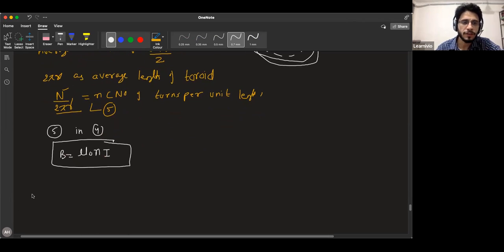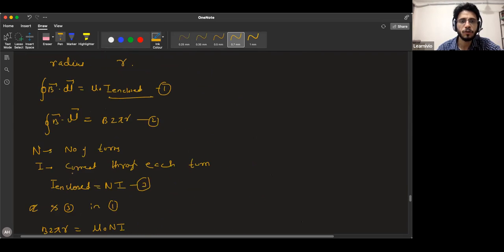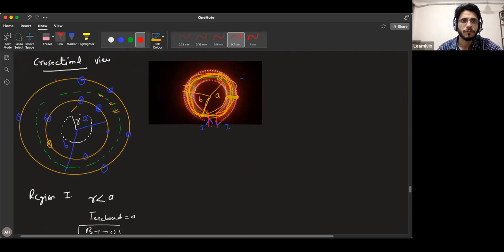Now let's calculate in region 3. Let's take an Amperian loop here. What is the radius of the Amperian loop? Is it greater than b or less than b? It's greater than b.